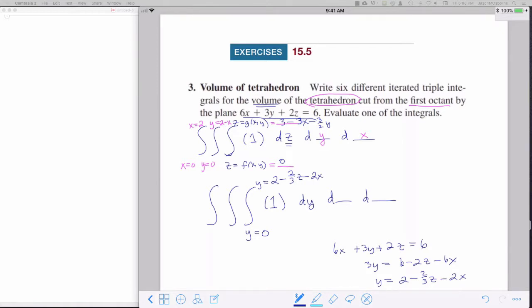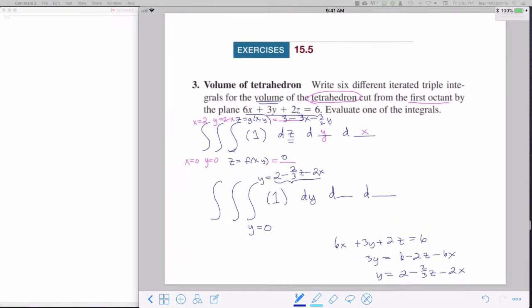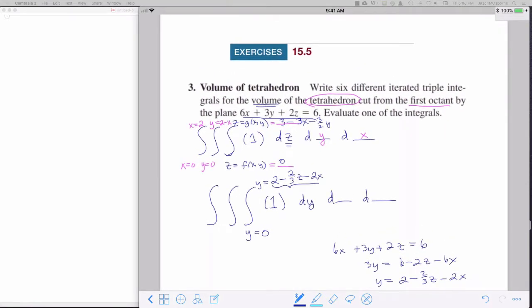And notice that your limits are functions of z and x. Now you want to figure out what happens to this plane when you intersect it with y equal to 0.